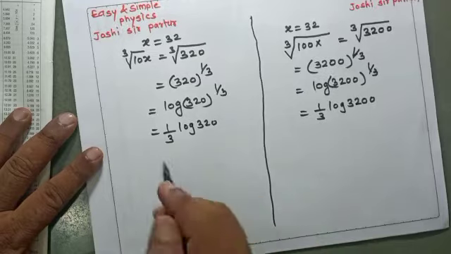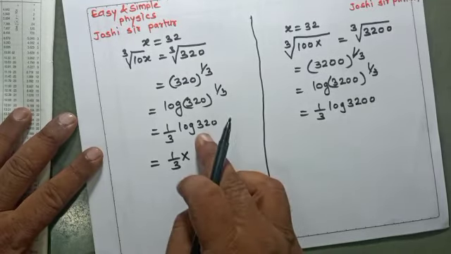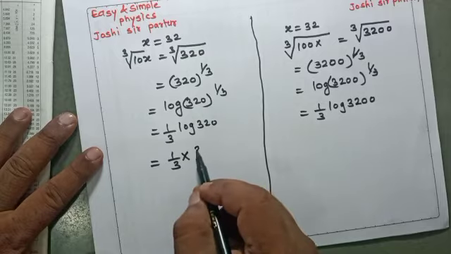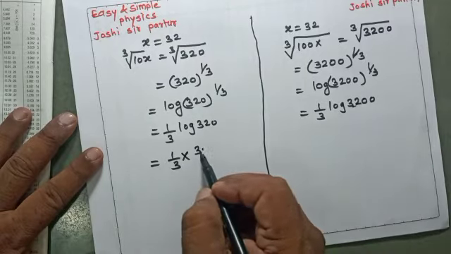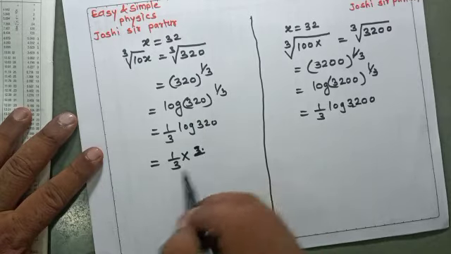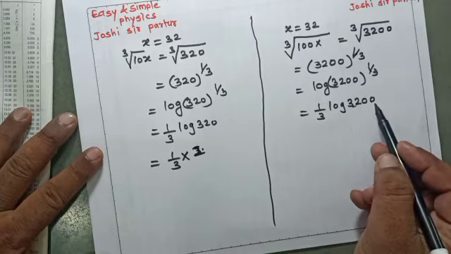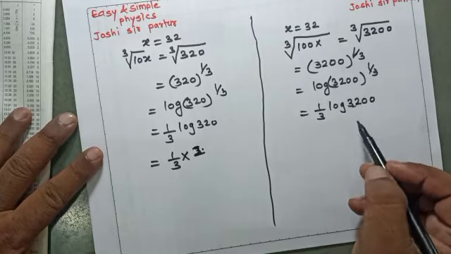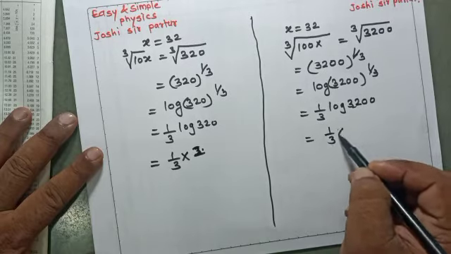If we find the characteristic here, for 320 three digits are there, so subtracting 1, its characteristic will be 2. For 3200, 4 digits are there, so subtracting 1, its characteristic will be 3.